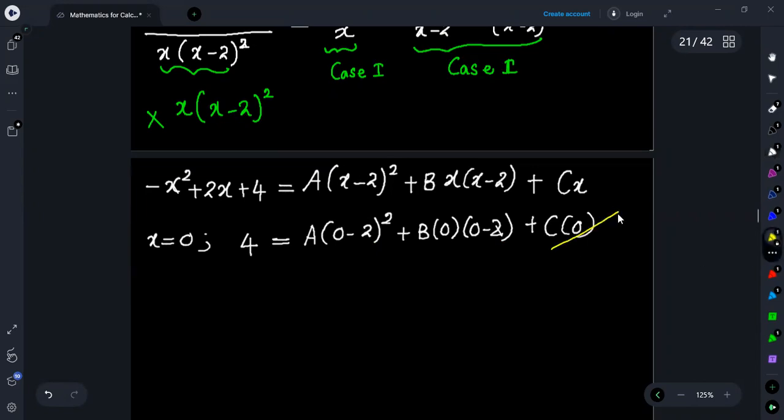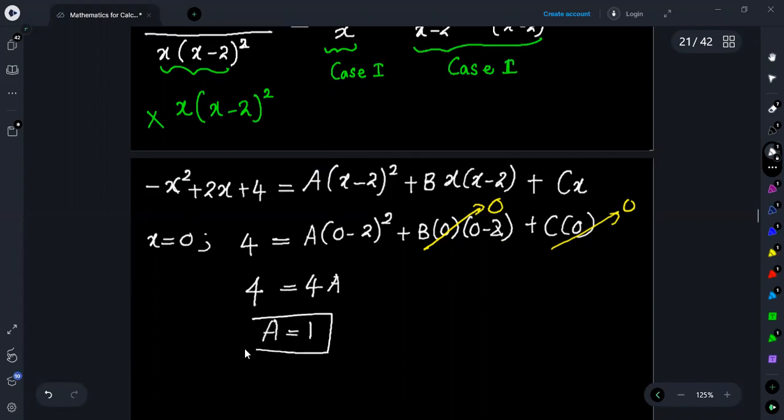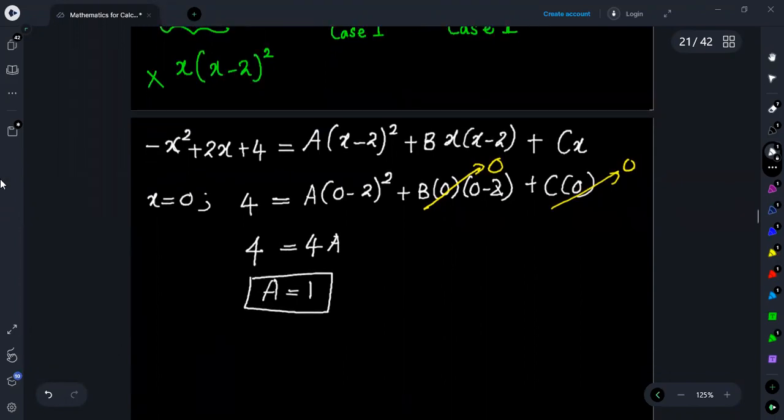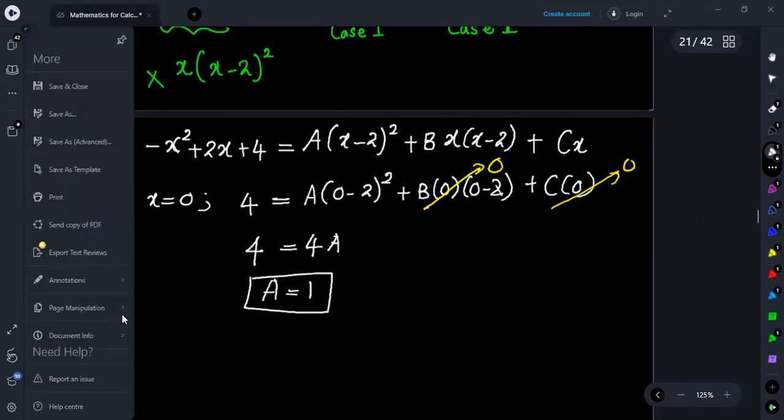We can see that this part goes to 0, this part also goes to 0, and the remaining is A times (0 - 2). Minus 2 to the power 2 is 4. So 4 equals 4A. By solving this equation, you can obtain the value of A as A equals 1. Once we have found the value of A, then we can substitute another value.